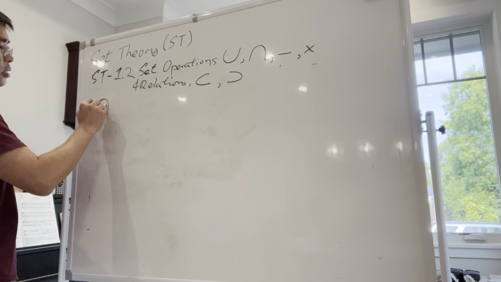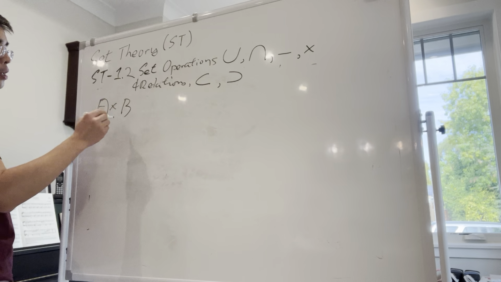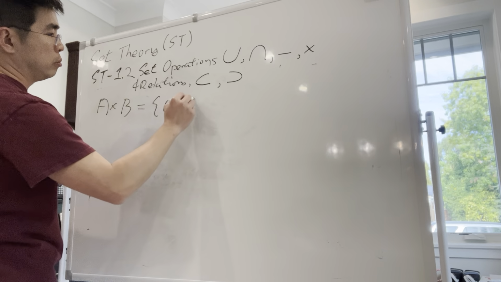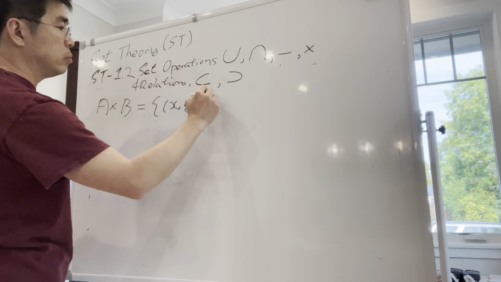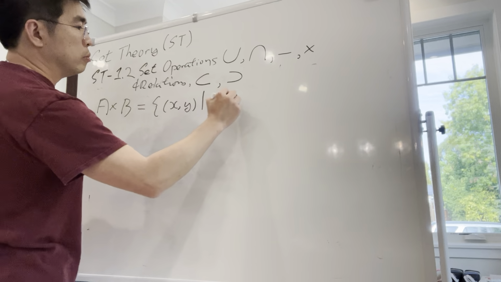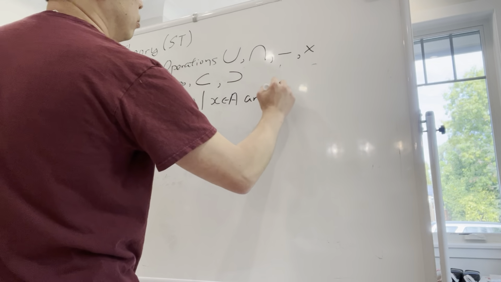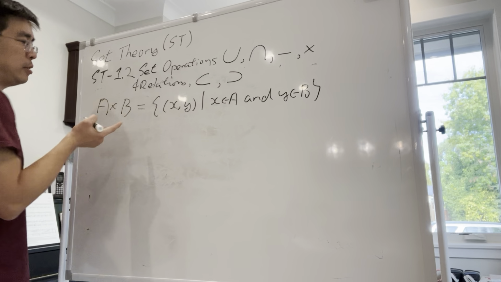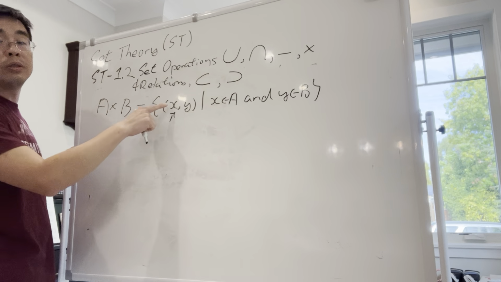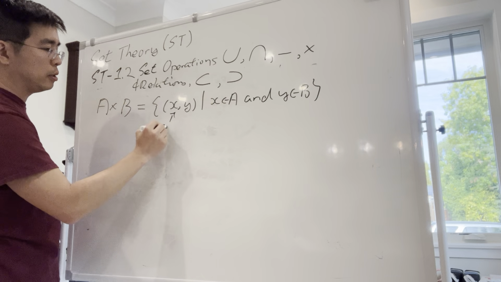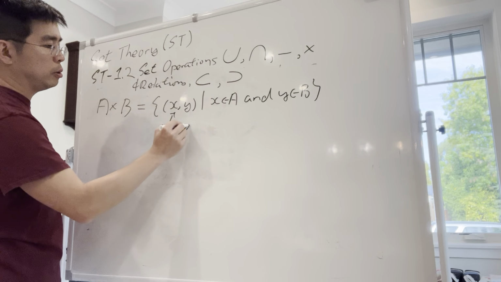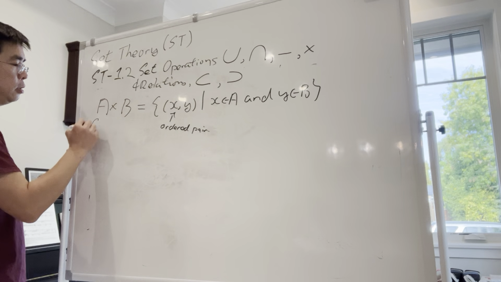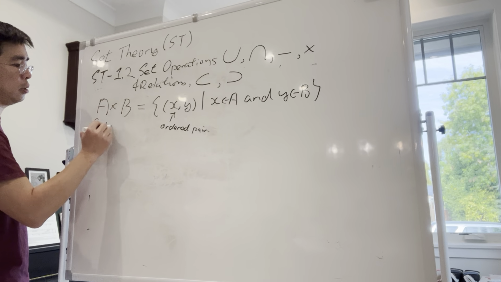So Cartesian product, you have 2 sets, again, A and B. It's basically a notation that we said we want to have 2 elements, what we call an ordered pair, and this is what we call Cartesian product.